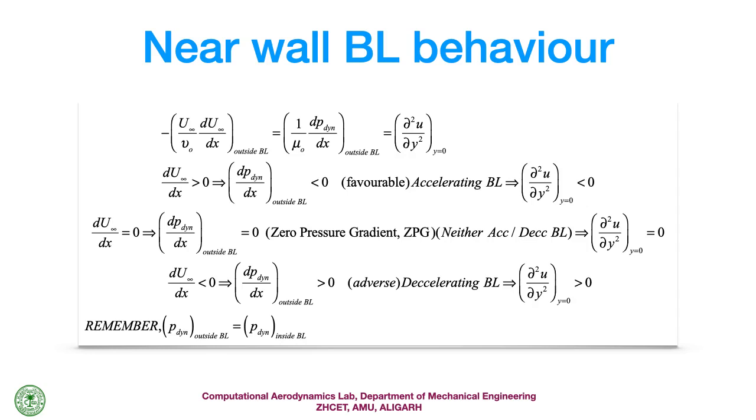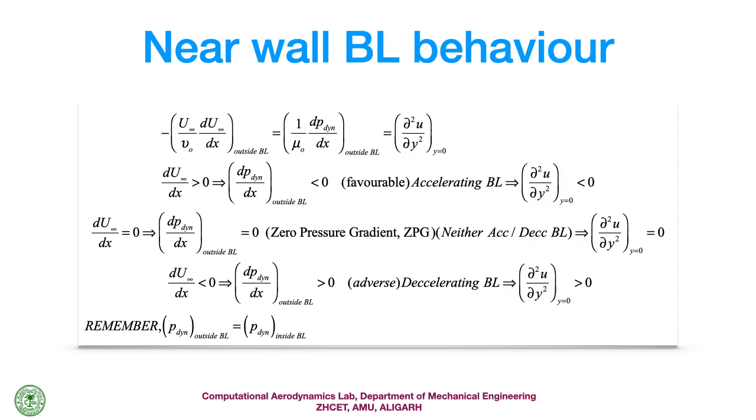So if dp by dx is less than 0, that is the favorable pressure gradient, this will happen when du infinity by dx is greater than 0, then the boundary layer will be always accelerating, and the curvature of the velocity profile, that is del 2 u over del y square, will be less than 0.